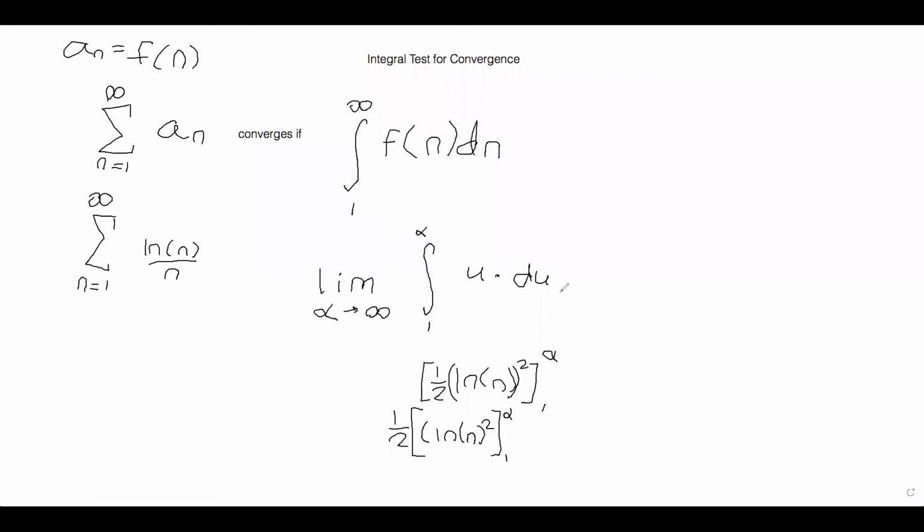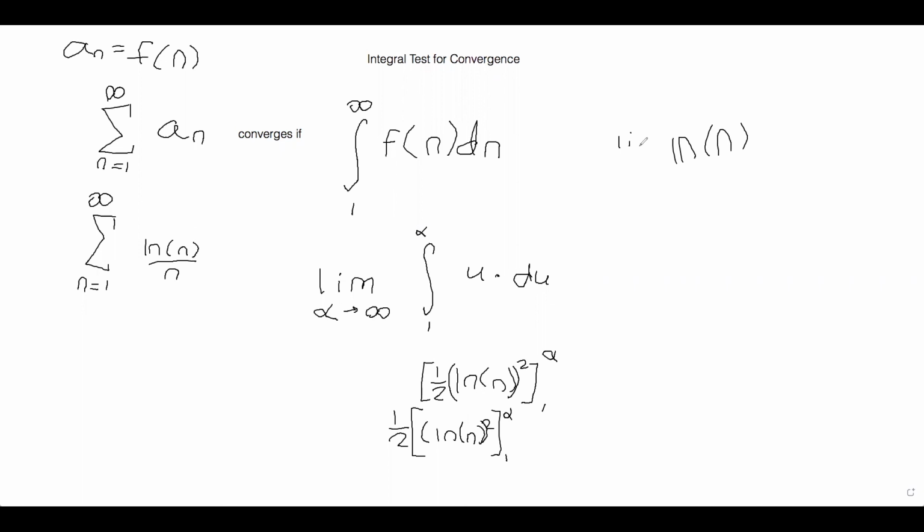So let's ask ourselves, what happens if we take larger and larger values of n? So we have natural log of n squared, and this will just keep going on and on forever. And that's how we know that this diverges. Let's forget about the exponent for now and just talk about plain old natural log of n.